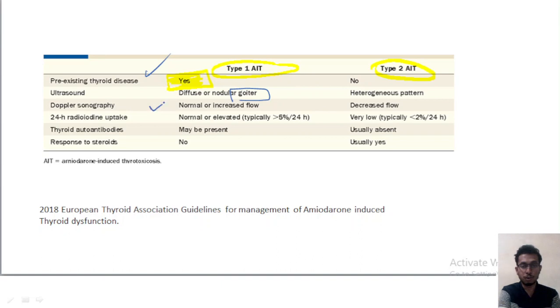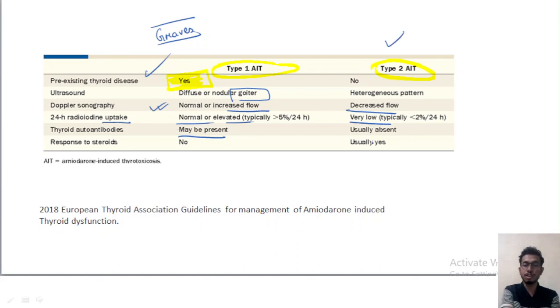Now Doppler, we have already seen there is increased vascularity in type 1, whereas it is decreased in type 2 because of the destruction of the tissue. Radionuclide iodine scan will be normal or elevated, and obviously it will be very low in type 2. Thyroid autoantibodies, because we are speaking about subclinical Graves or multinodular goiter or pre-existing diseases, may be present in type 1 AIT, and are usually absent in type 2.